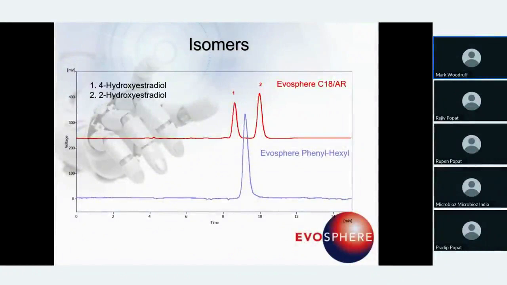So the phenyl hexyl is a phenyl group at the top of a hexyl chain, which is different to the C18 with the aromatic functionality almost as a secondary end cap. So you're gaining shape selectivity between these compounds on the C18AR that you don't on a standard phenyl-based column.